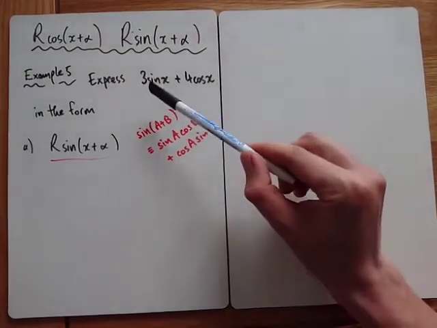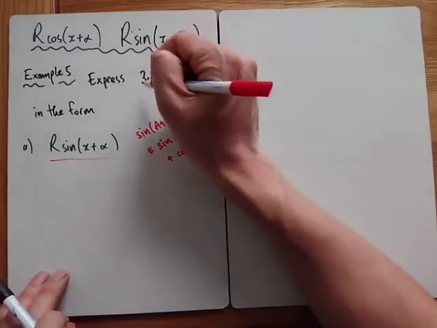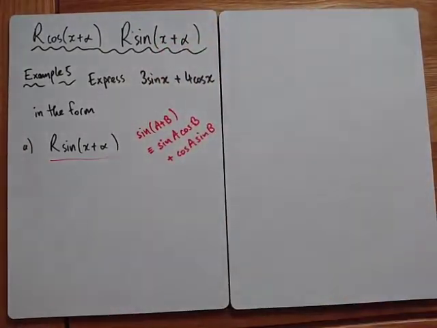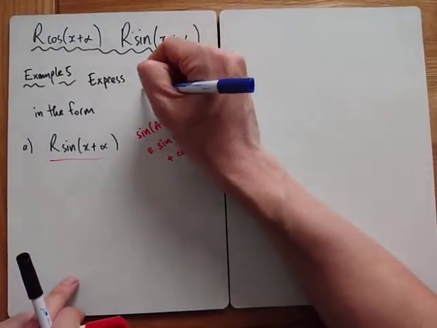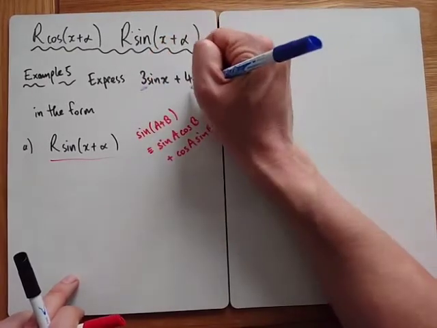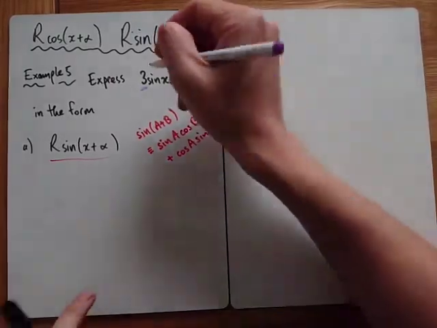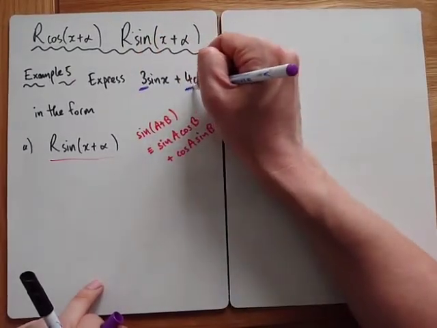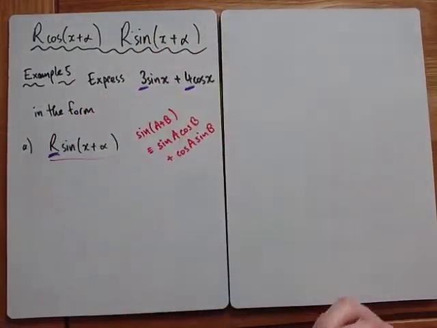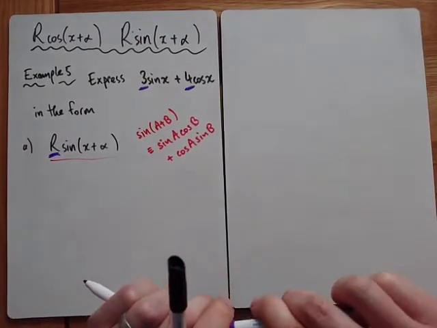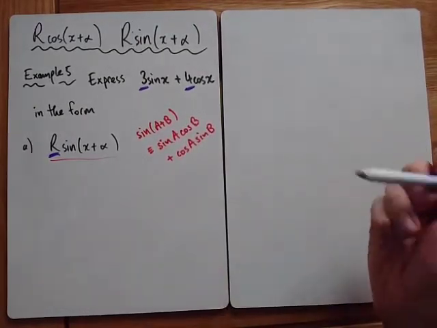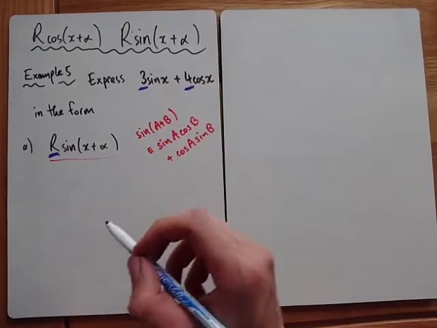And maybe you'll spot this straight away: the coefficients are 3 and 4. What's the link between 3 and 4 and the value of R that we saw from the calculator, which was 5? If you look on the handout, there's a proof about why this works. I'm not going to go through it.